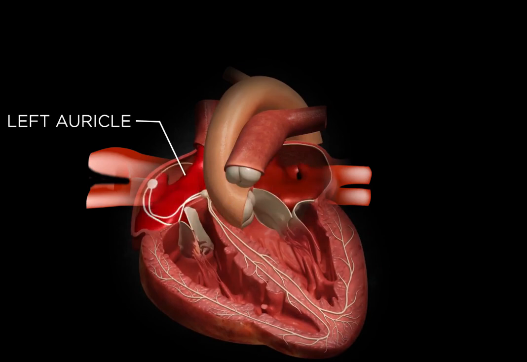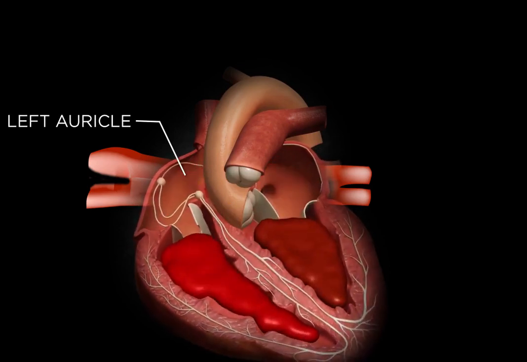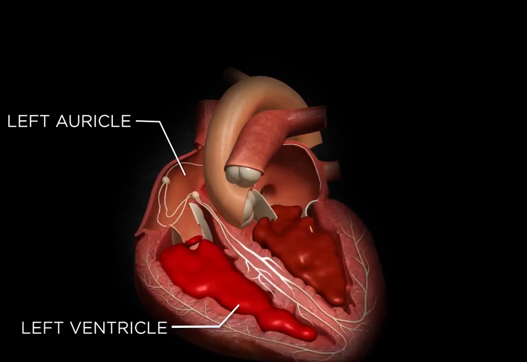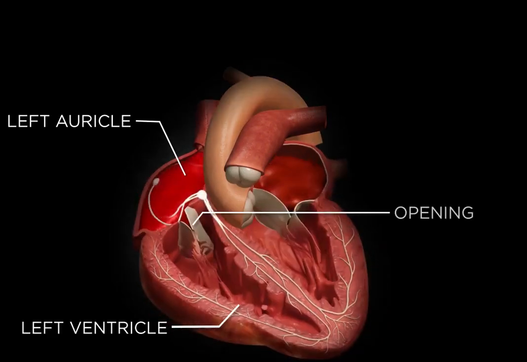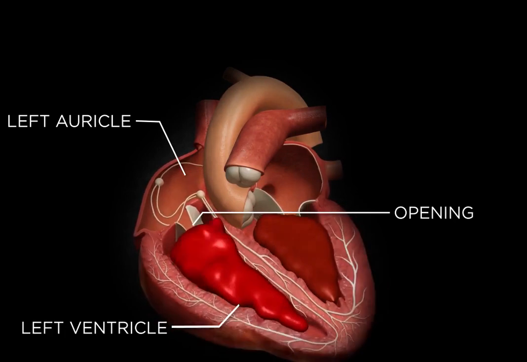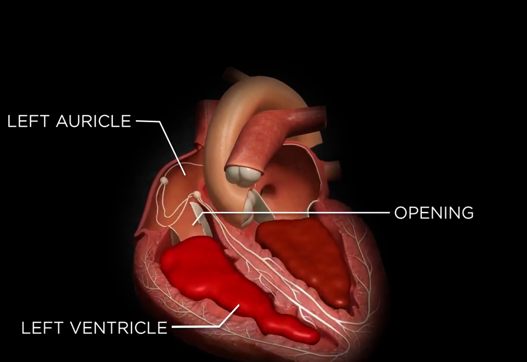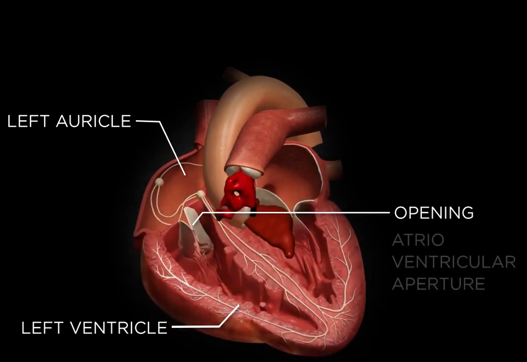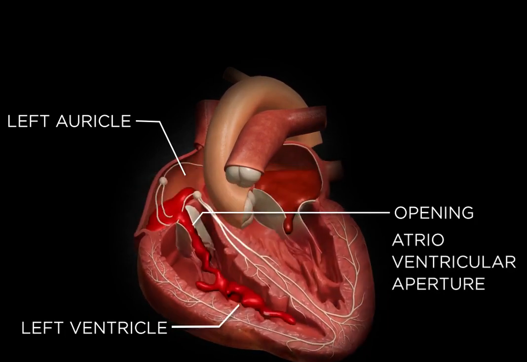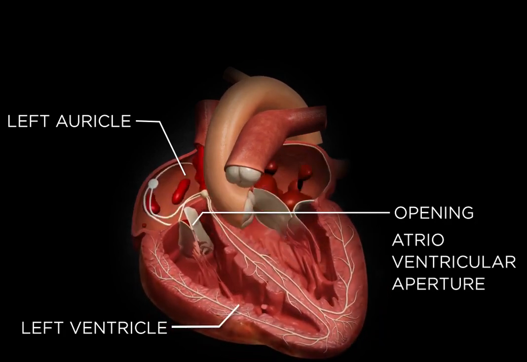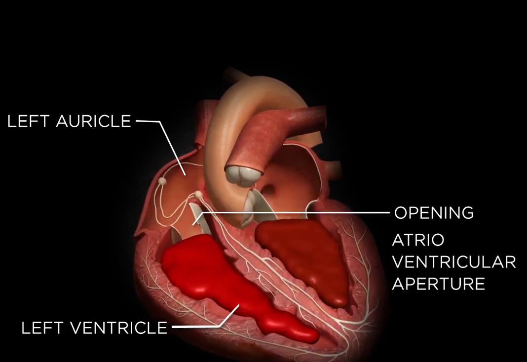Now from the left auricle, the oxygenated blood will be carried into the left ventricle. Now again, there has to be an opening between the two, right? This opening has the same name as on the right hand side. And the name is atrioventricular aperture. There. Now the oxygenated blood is in the left ventricle.